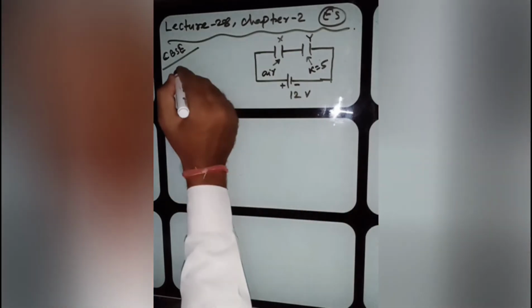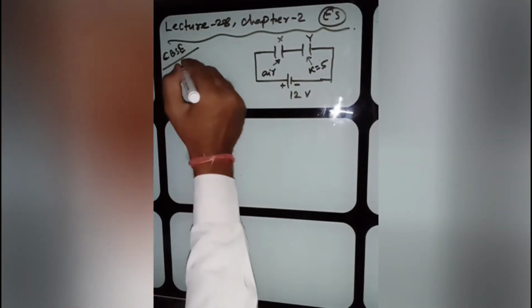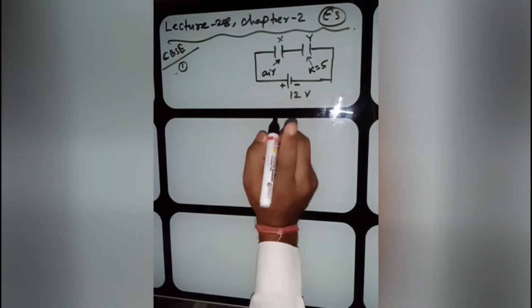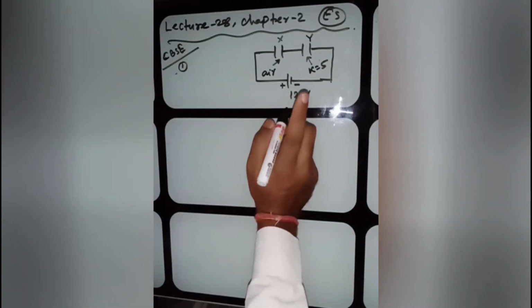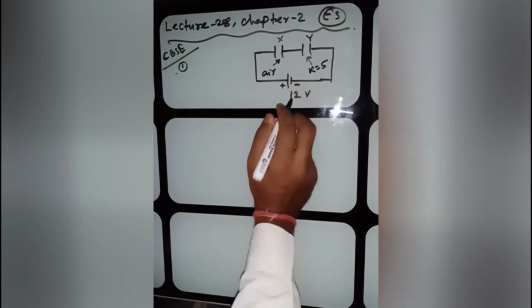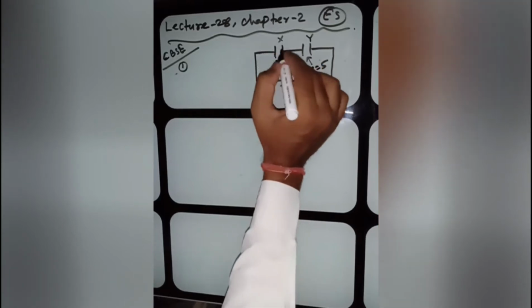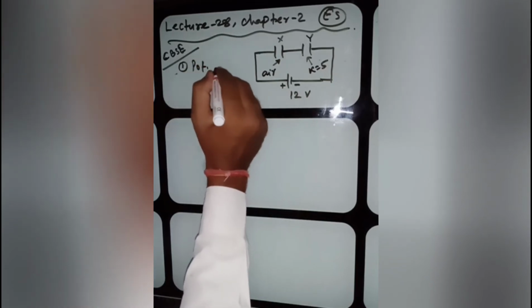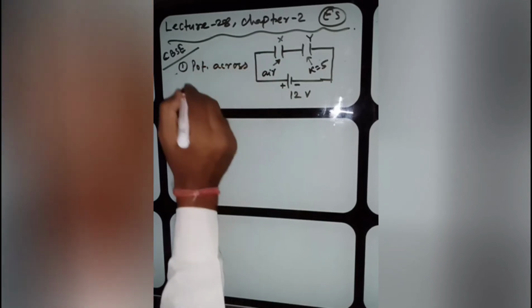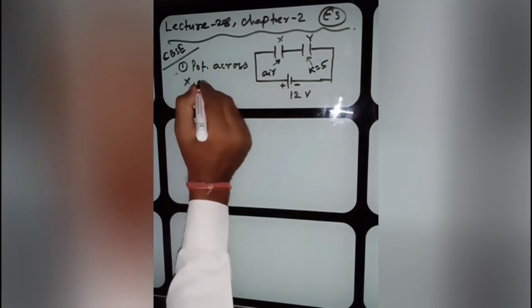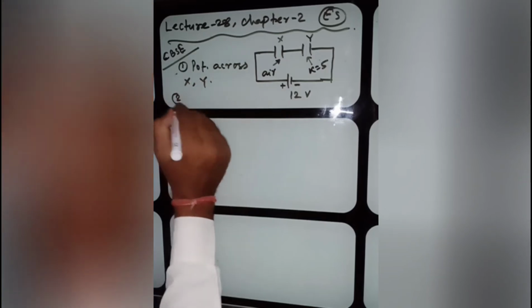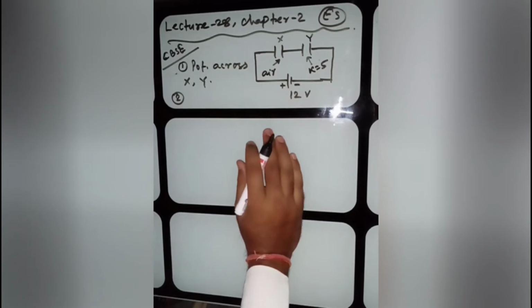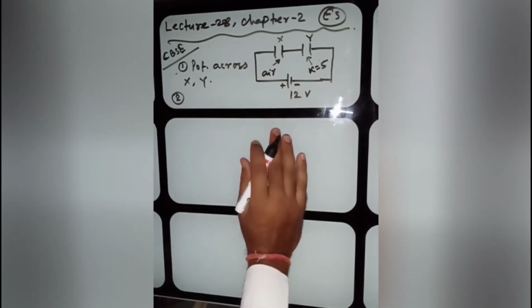Now you have to find two things. One, calculate the potential difference across capacitors X and Y. The second, what is the ratio of electrostatic energy stored in X and Y?